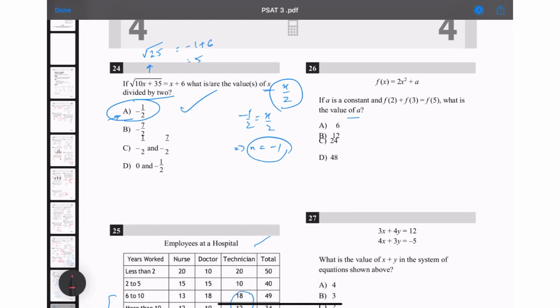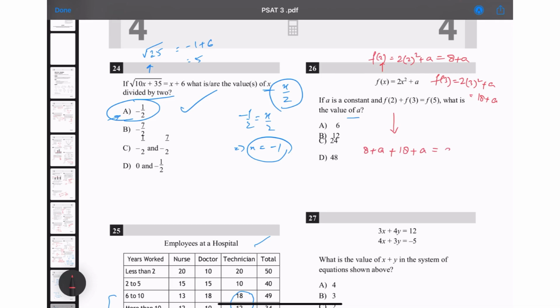It is f2. What is f2? It means that I will simply put the value of x as 2. So f2 will be 2 times 2 square plus a. So that will be 4 times 2 is 8 plus a. Then f3 will be 2 times 3 square plus a, that is 9 times 2 is 18 plus a. Now I will simply plug in the values. 8 plus a plus 18 plus a is equal to f5, that is 2 times 5 square.